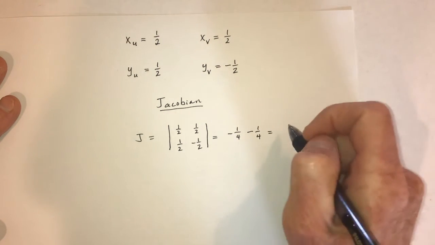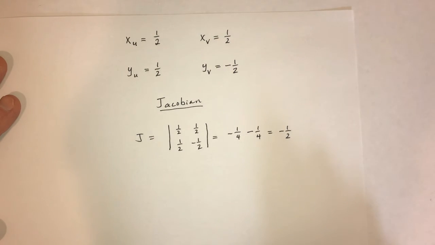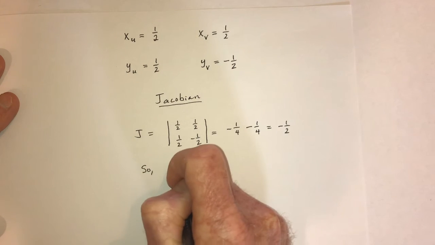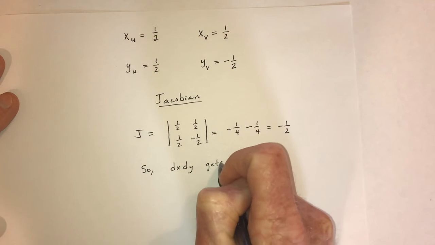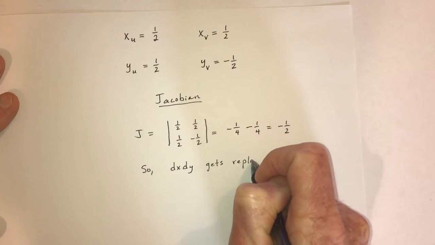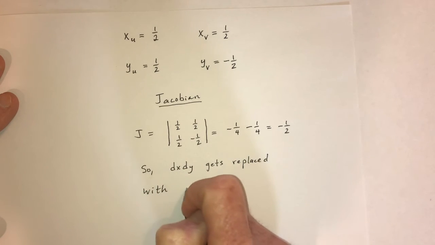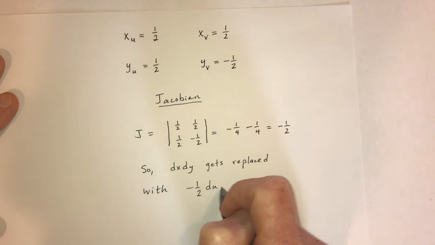And then 1/4 and 1/4 is a half, so the Jacobian is equal to negative 1/2. And that means that dx dy gets replaced with negative 1/2 du dv.